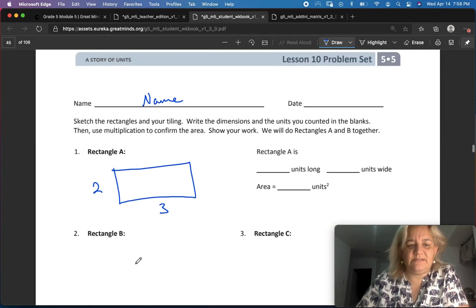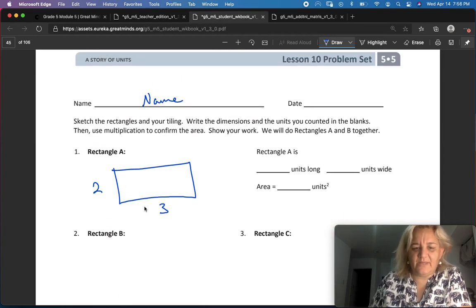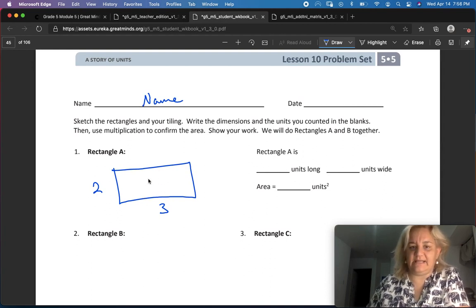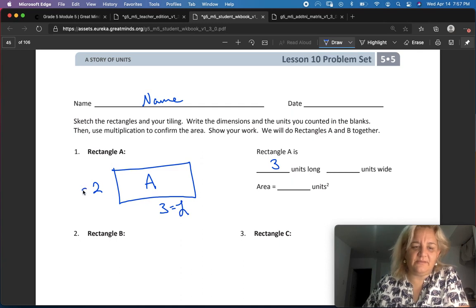Okay. So here's our rectangle, and we know rectangle, sorry, it's getting late at night. And A, this is rectangle A, is how many units long? Well, it is 3 units long. There's my length, okay. And how many units wide? Well, there's my width, and that's 2.